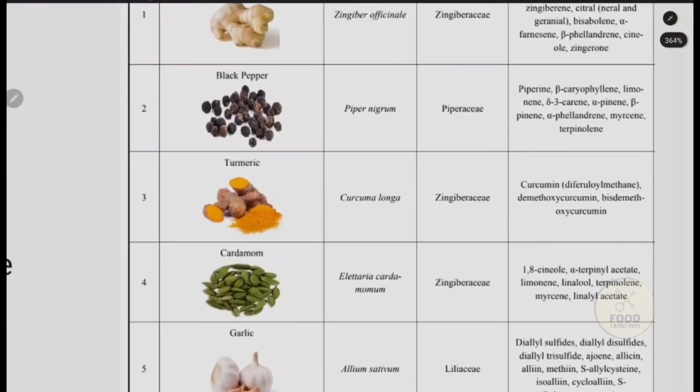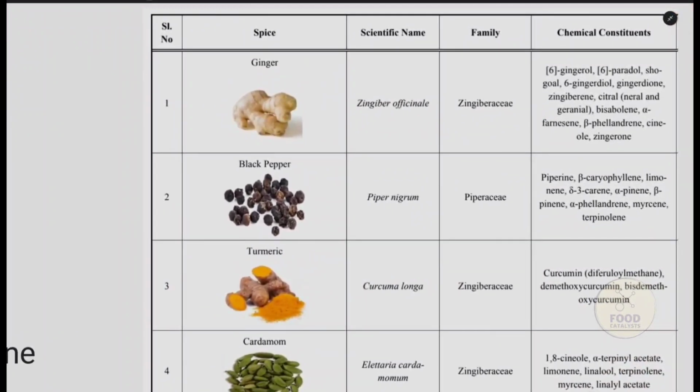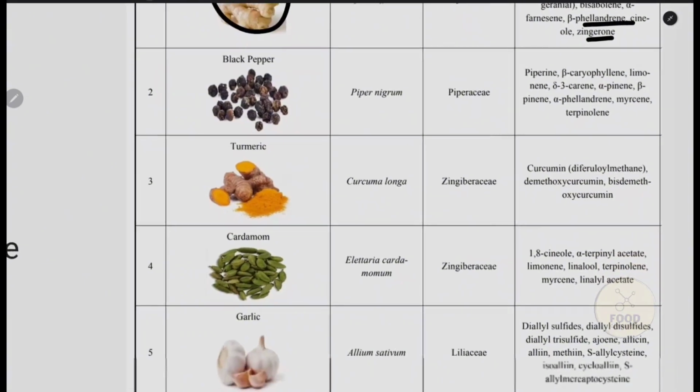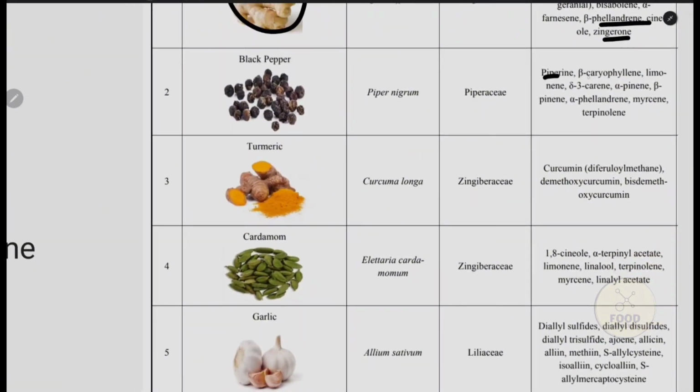See here, there are many, for example take ginger. It has many chemical constituents, which are phytochemicals: gingerol, shogaol, gingerdione, citral, zingerone, and so on. There are many chemical compounds. For black pepper, it is piperine, beta-caryophyllene, limonene, carene, myrcene, and terpinolene.